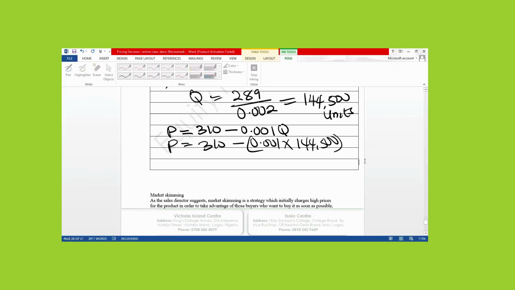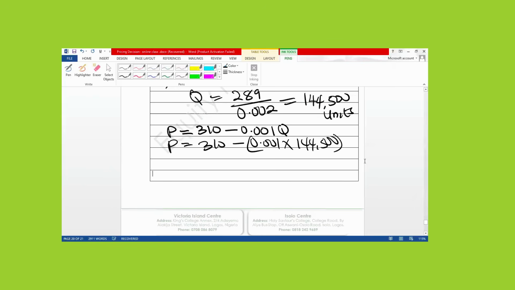Hold on. Give me P: 310 minus 144.5. What is your P? P is 165.5. That is the selling price at which we maximize profit.